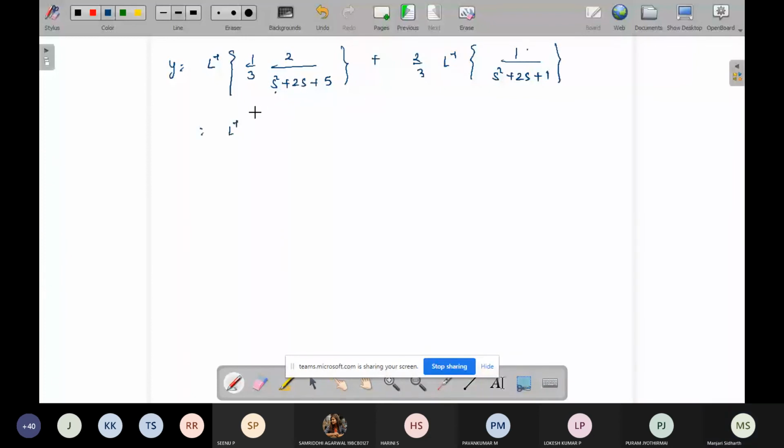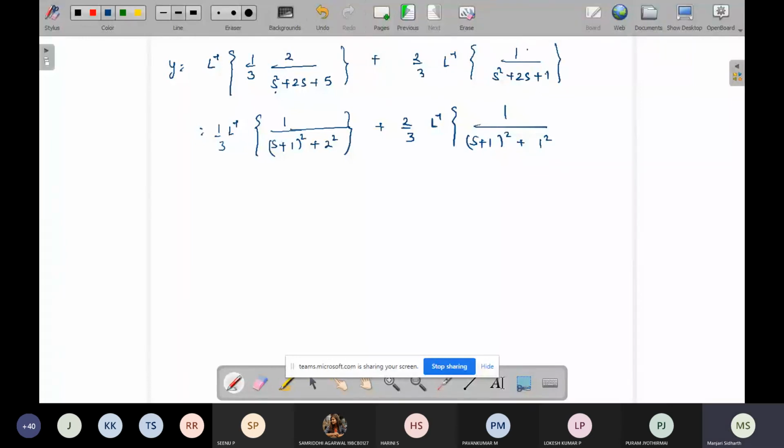How? You can write 1 by 3 and 1 over s plus 1 whole square plus 2 square. So you will get the same term, right? Try to make it in this form so that you can use sine and then shifting theorem like that. Plus 2 by 3 Laplace inverse, again try to make it a perfect square, so you can take s plus 1 whole square plus 1 square. So if you open this, you will get this. It was 2 here.